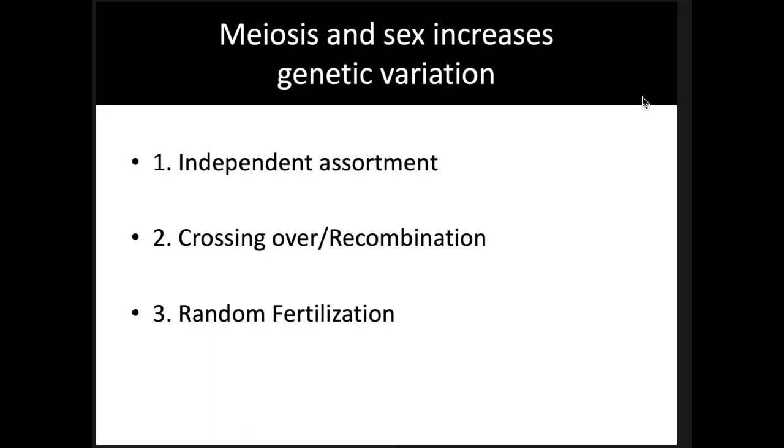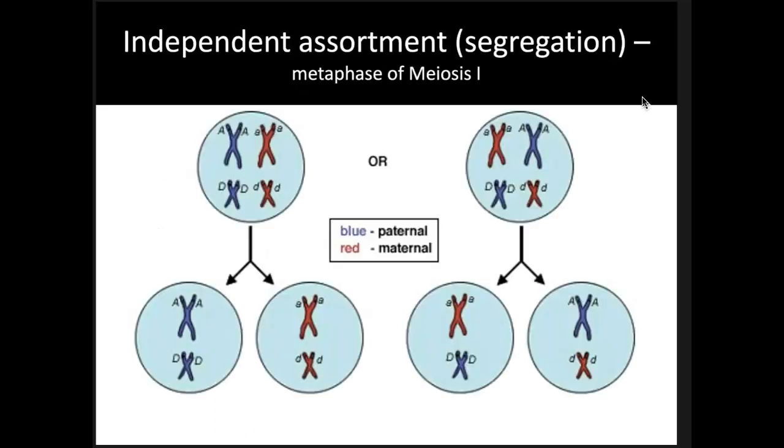It's also known as segregation. Okay, and let's talk about how that increases genetic variation. So independent assortment refers to the arrangement of the chromosomes in metaphase 1 at the metaphase plate.